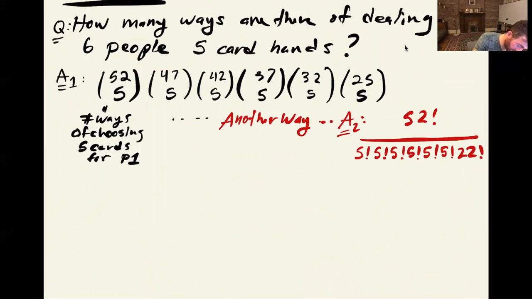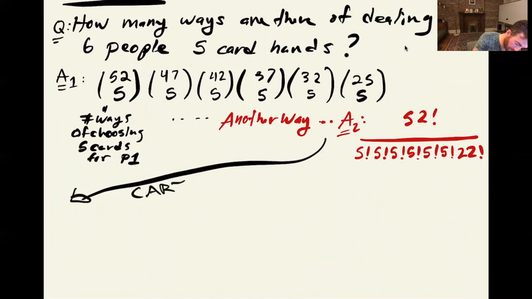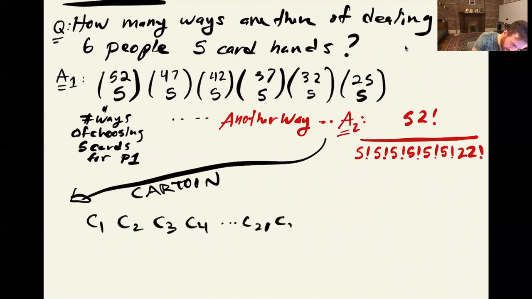And I just like going through this for the cartoon, for visualizing: I've got card 1, card 2, card 3, card 4, card 21, card 22, card 35, card 36, all the way up through card 51, card 52.